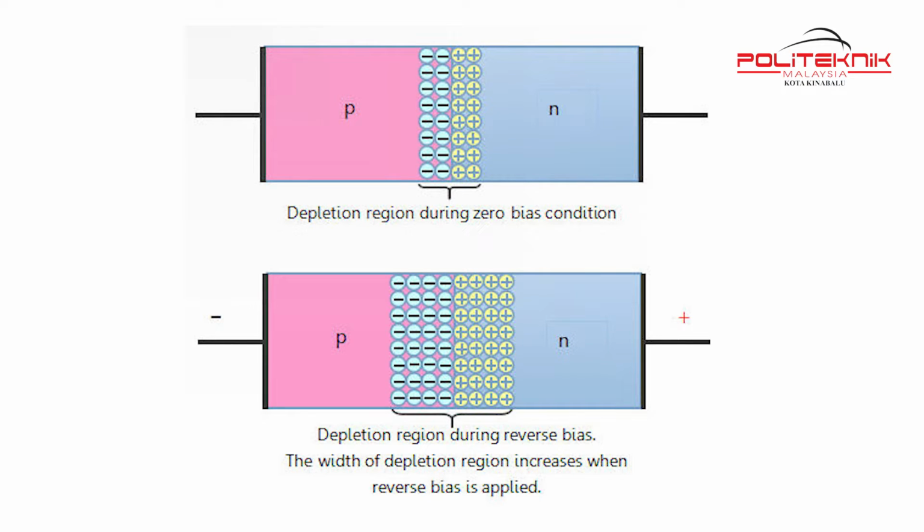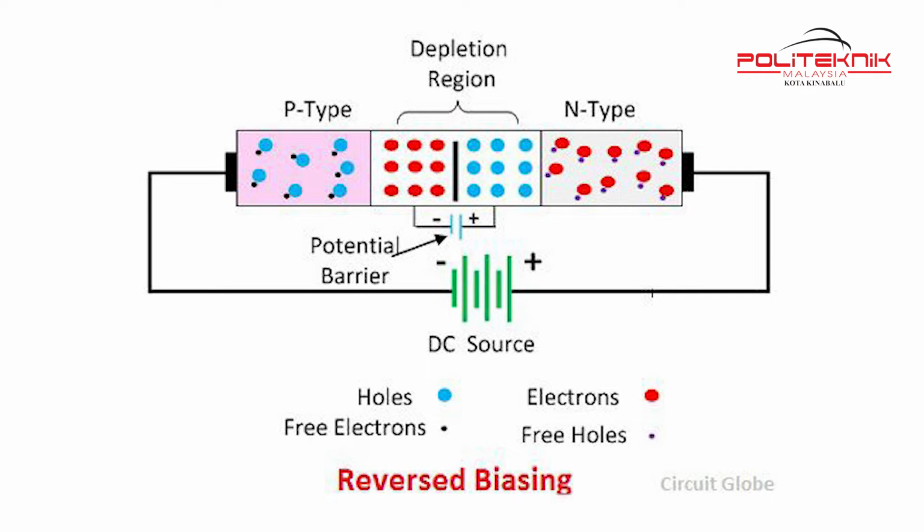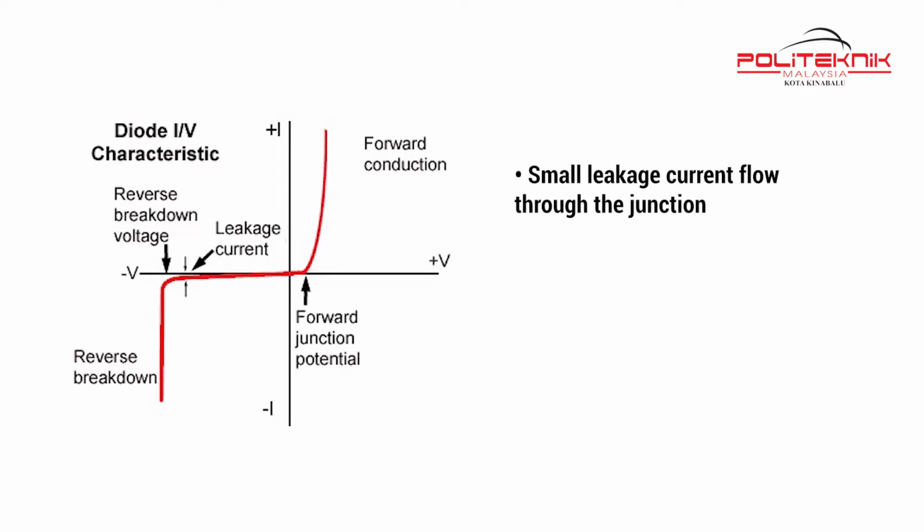The depletion layer grows wider due to a lack of electrons and holes and presents a high impedance path, almost an insulator. A high potential barrier is created, thus preventing current from flowing through the semiconductor material. However, a very small leakage current does flow through the junction, which can be measured in microamperes.